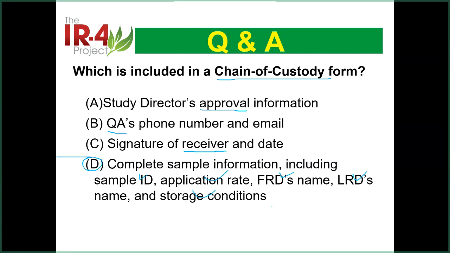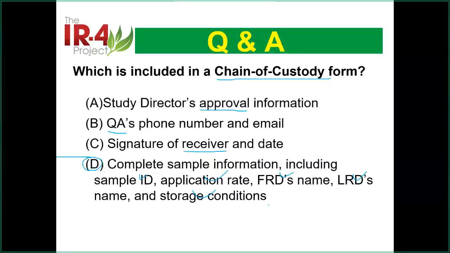Okay, what is a chain of custody form? That's for the sample moving around. For example, you have a sample from the field sent to the lab. They will create a form that moves around with it.